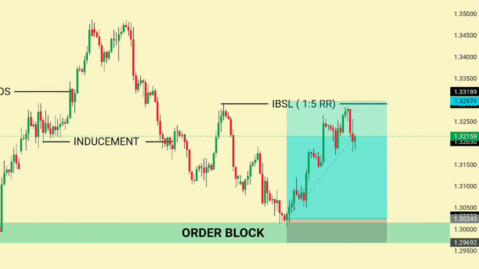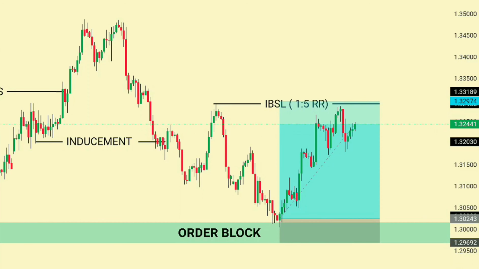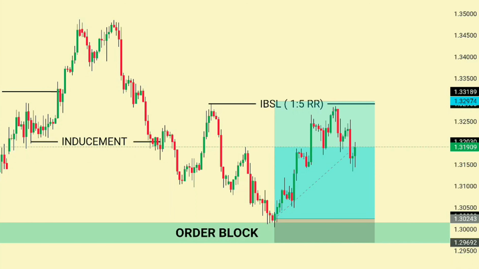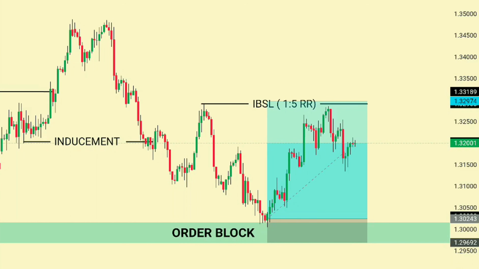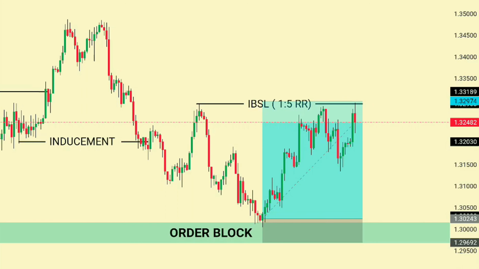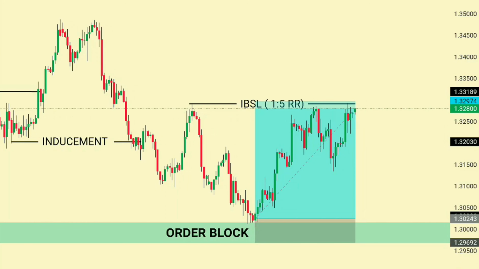A third mistake is focusing only on win rate. Many traders want to win every trade, but professional trading is not about winning every time. It is about managing risk and allowing your winners to outweigh your losses. A single, well-executed trade with a strong risk-to-reward ratio can make a significant difference over time.